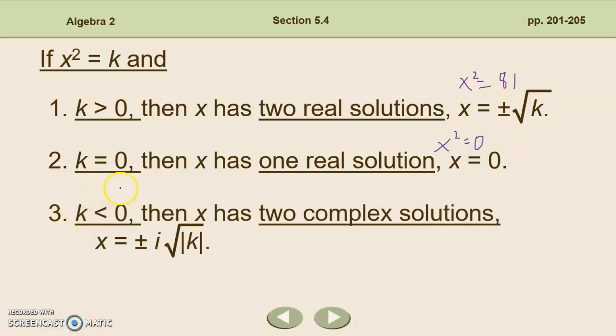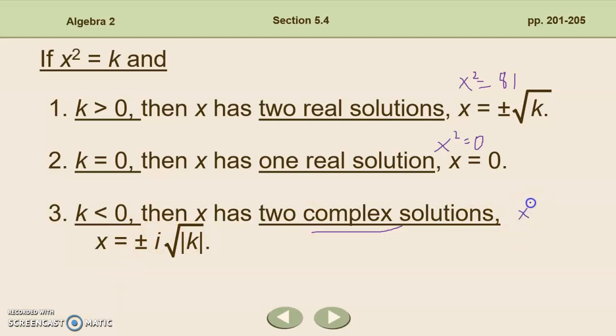And if k is less than 0, then x has two complex solutions. Any numbers that involve imaginary numbers are called complex numbers. So x would equal plus or minus i times the square root of k.